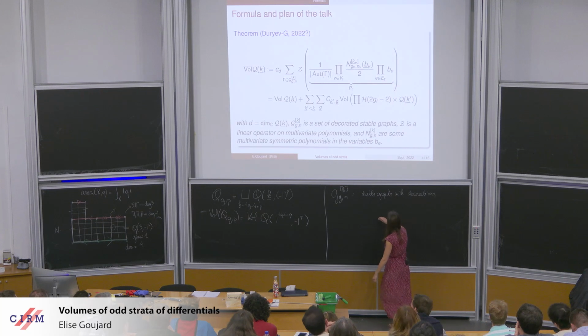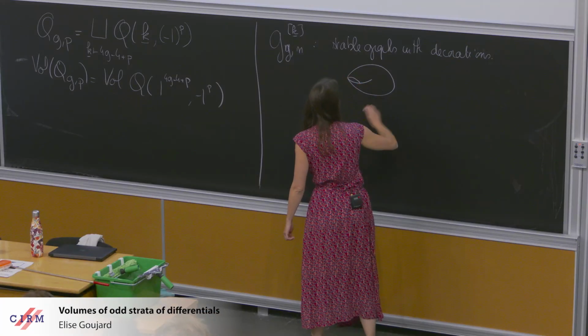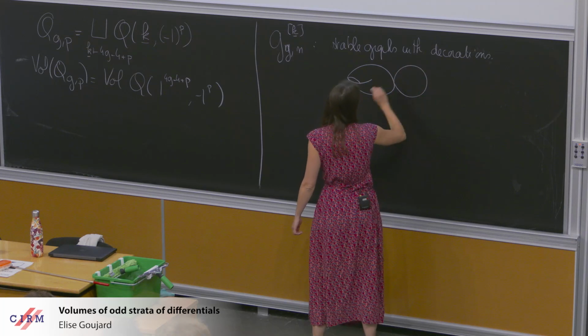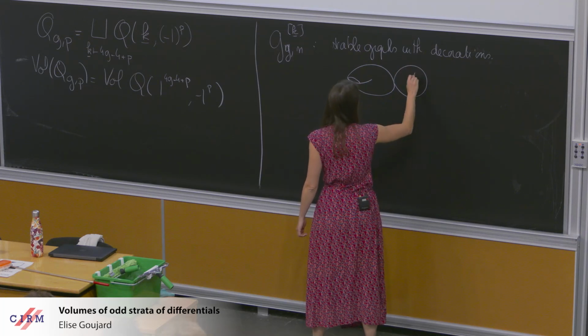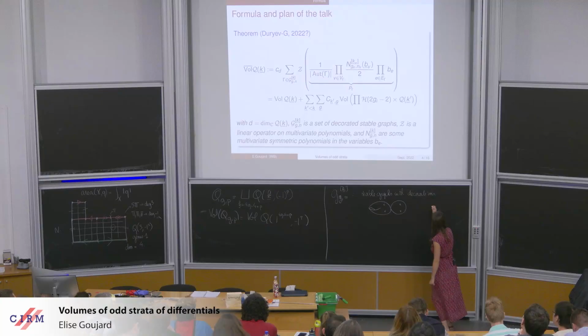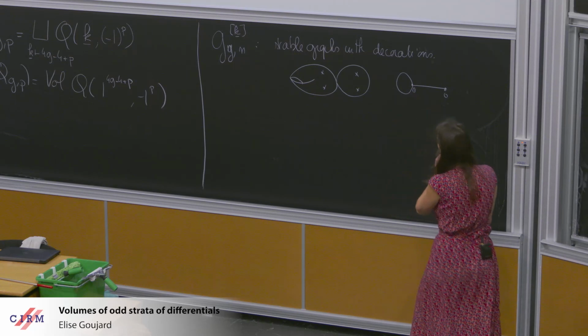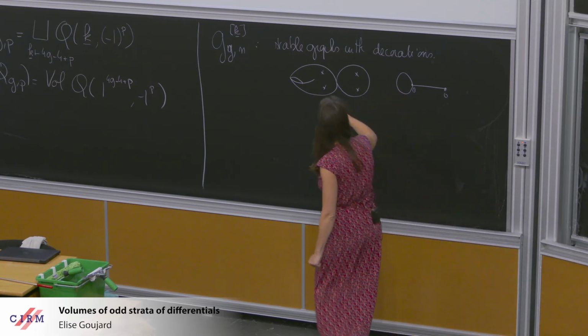Okay, so for instance, I can consider this nodal curve, and I consider the dual graph like this. And actually, I want to put more information.